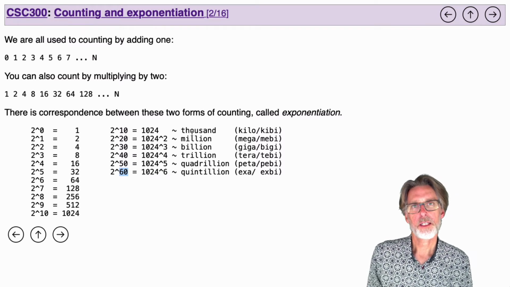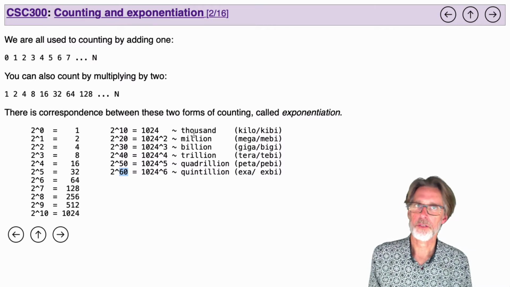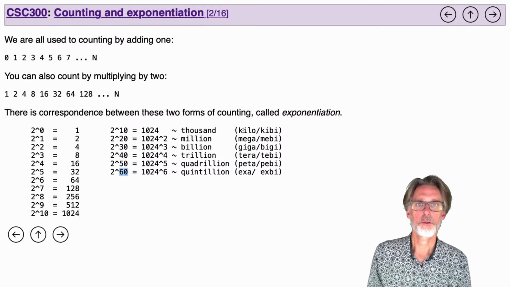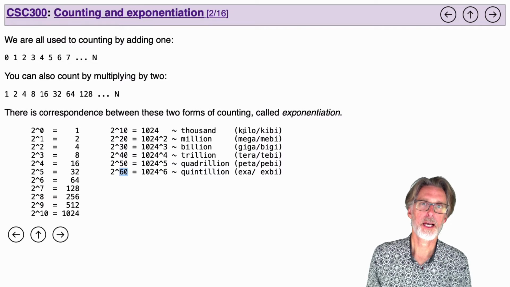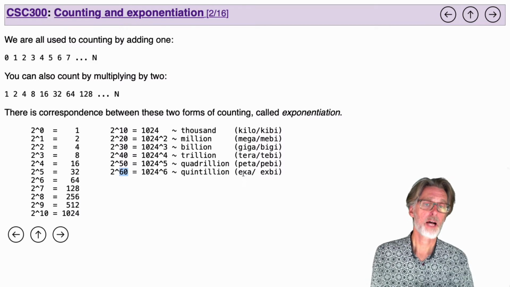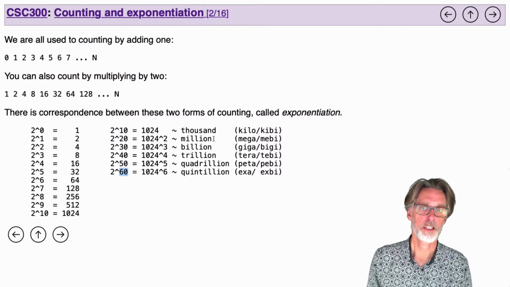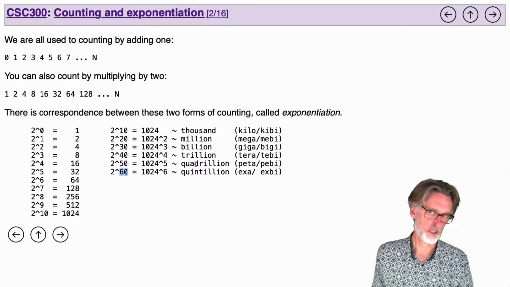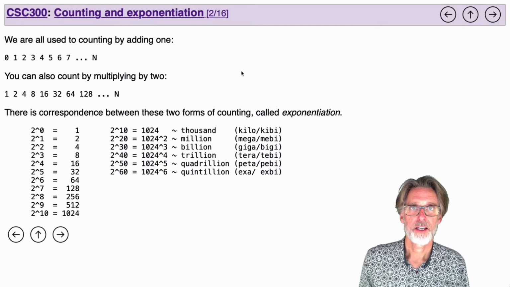But when we're using these as descriptions of quantities, they're often used in this other form. So I'll say I have a kilobyte or a megabyte or a gigabyte or a terabyte or a petabyte or an exabyte, when I'm talking about how much memory I have on my machine. And roughly these correspond to exactly what I've written here.